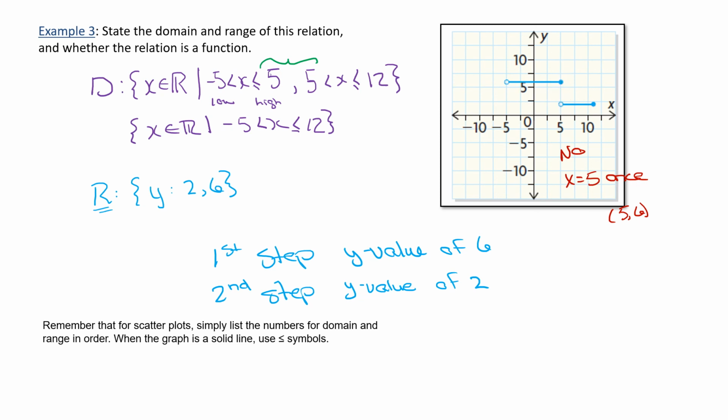It is not crossing again at 5, where I think we said the y value was 2, because of the open circle. So is the relation a function? Yes. This is a step function. So not a step relation. This is a step function.